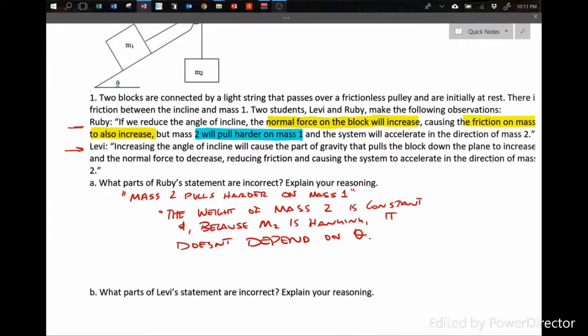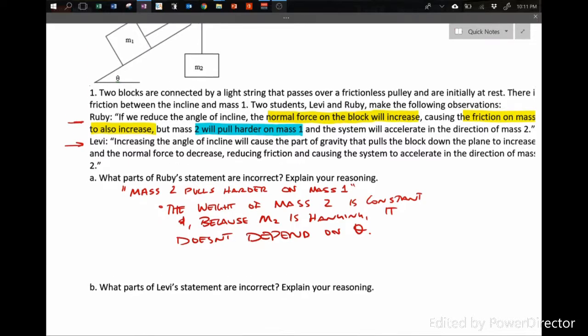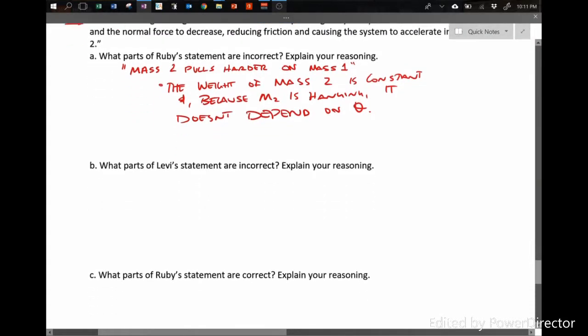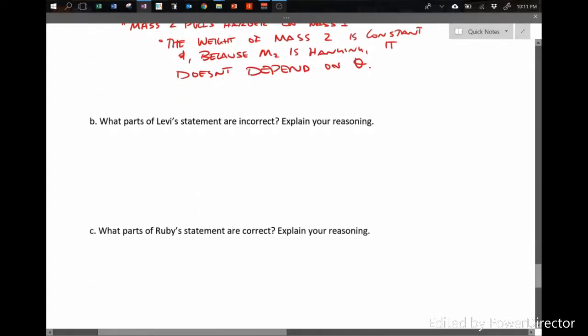Now, since we've already broken apart her statement, and we're allowed to skip around on parts of this question all we want, let's talk about the things that she gets right. She is correct in saying normal force increases, and she's correct in saying that because of that, friction increases.